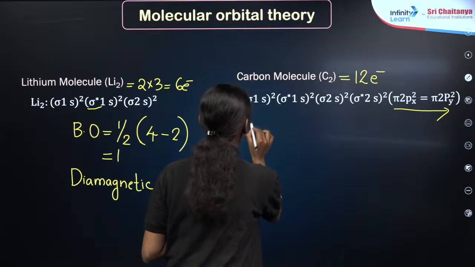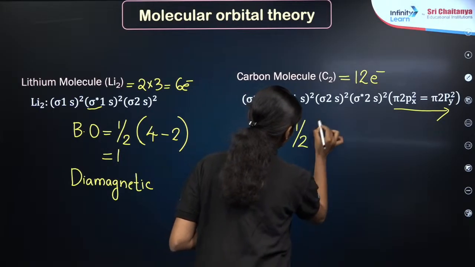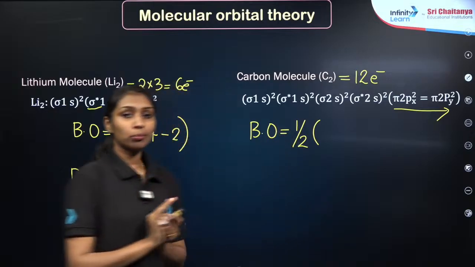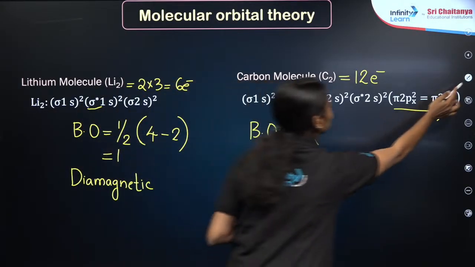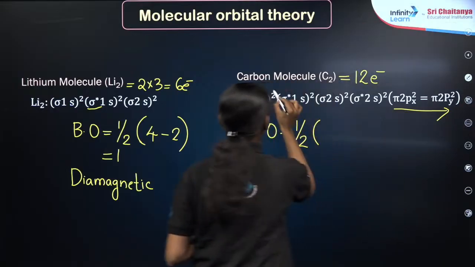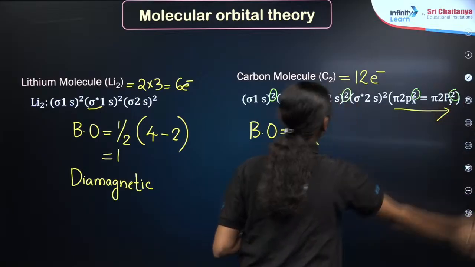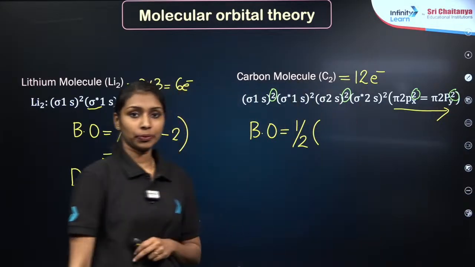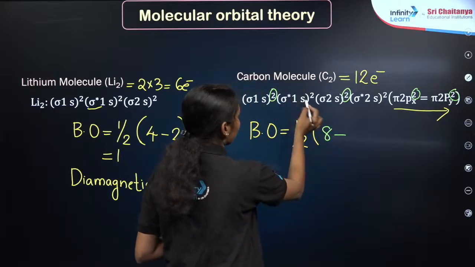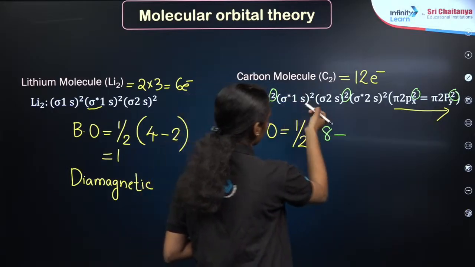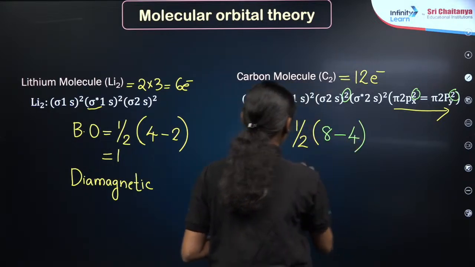So, what about the bond order here? How many electrons are present in bonding molecular orbitals? Eight, right? 8 minus the electrons in the sigma star 1s, that is 2, plus 2, 4, right? 8 minus 4, 4 by 2, that is equal to 2.